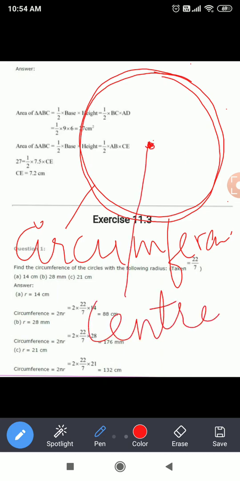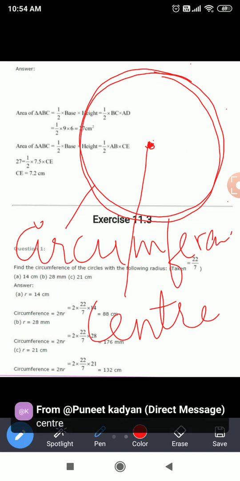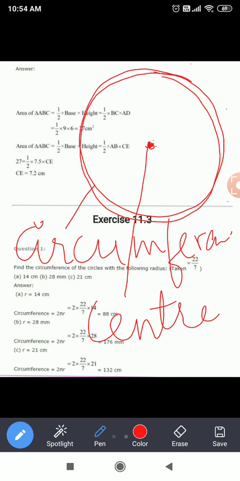And from this point, if we join any point on the boundary, this will give us the radius. These all are radii. Radius is denoted by small r.